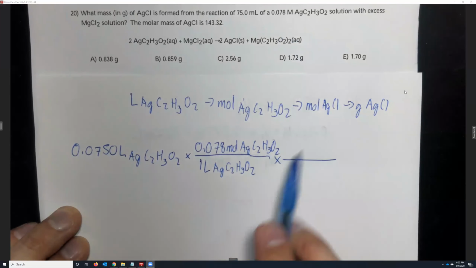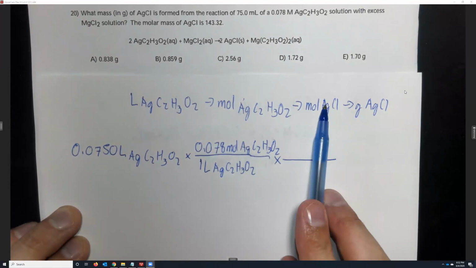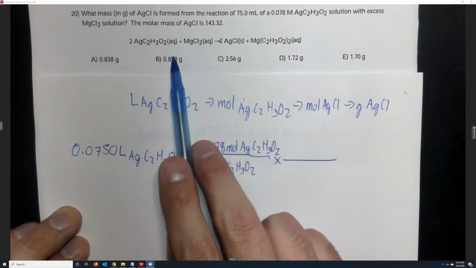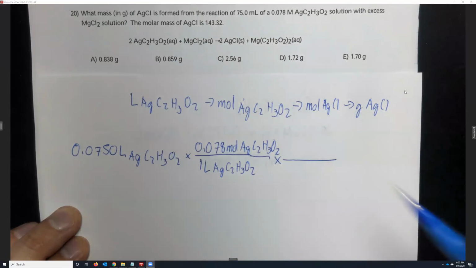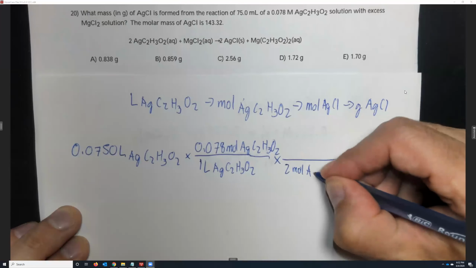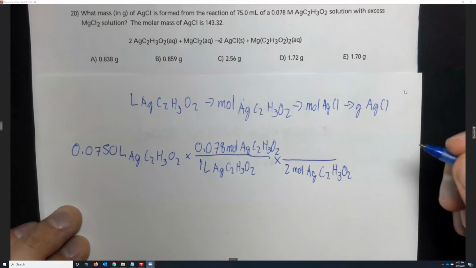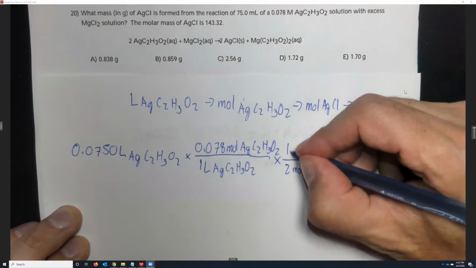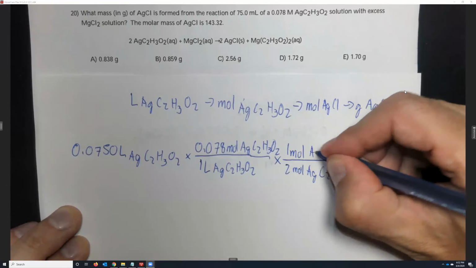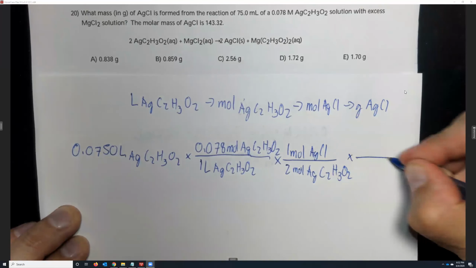Times. We now need to convert to moles of AgCl. So moles of one compound to moles of another, always use a balanced chemical equation. In this case, we're going to put the 2 moles of AgC2H3O2 on the bottom, and the 1 mole of AgCl on the top. Now we want to convert it to grams of AgCl.